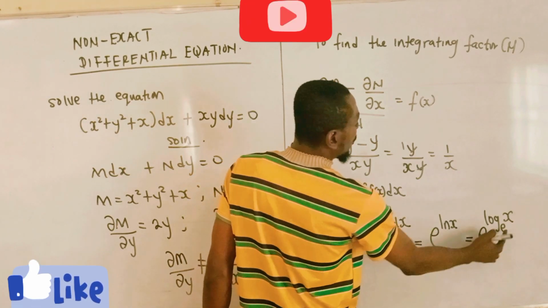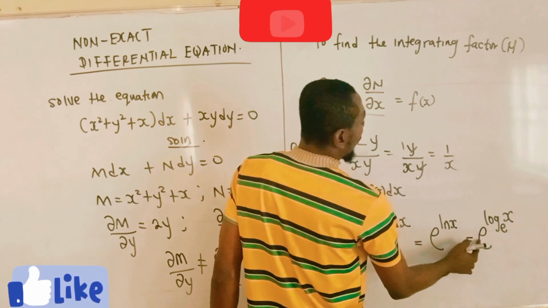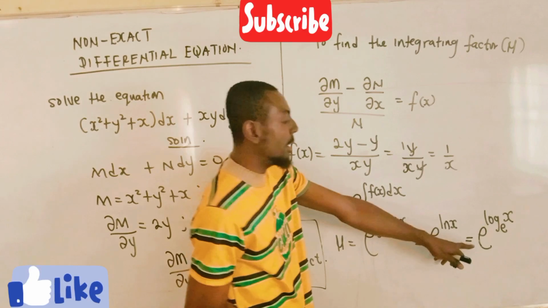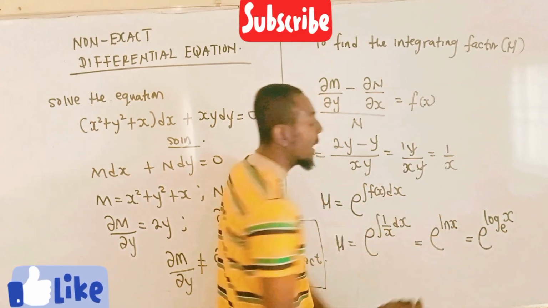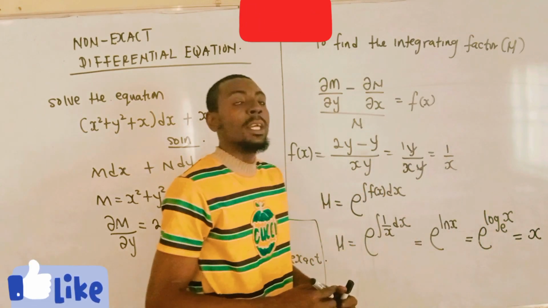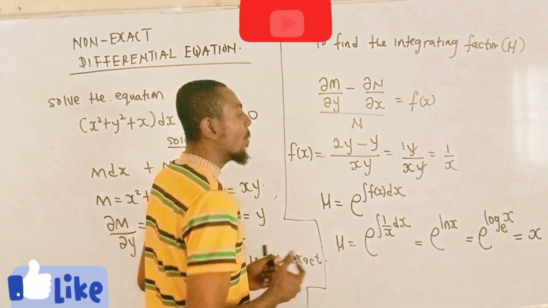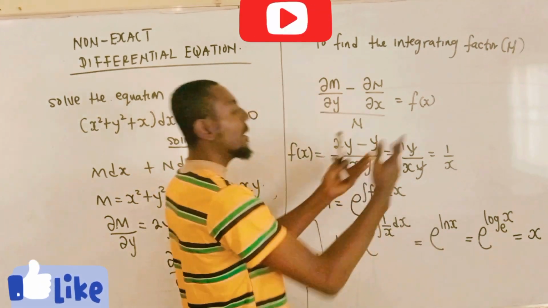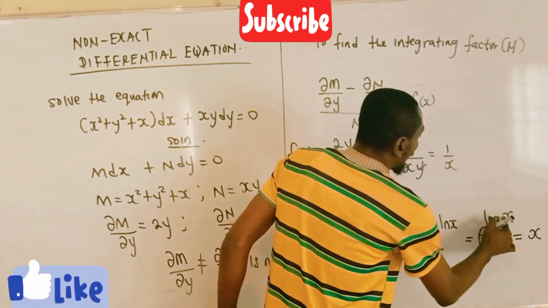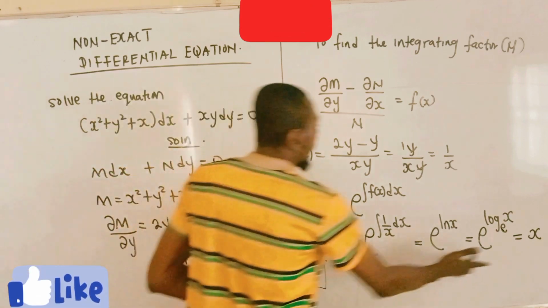When the base of the exponential and the base of the logarithm are the same, the answer is equal to what? x. That is one of the laws of logarithms. So when we have a base raised to a logarithm of the same base, definitely the answer becomes x. Alright, so our integrating factor now is equal to x.